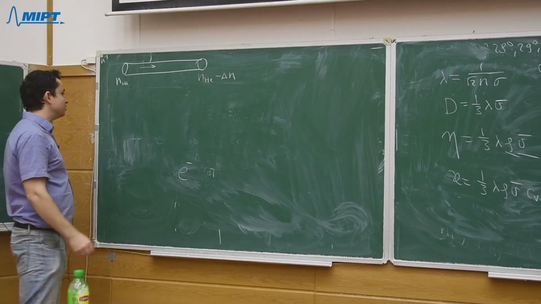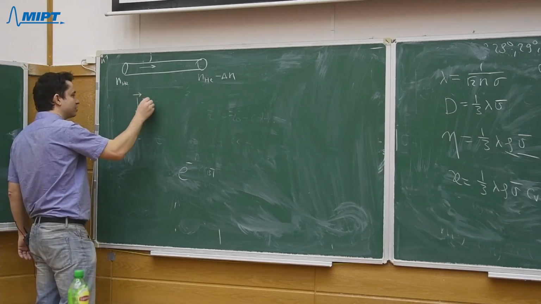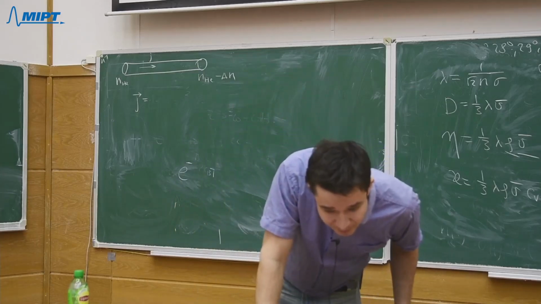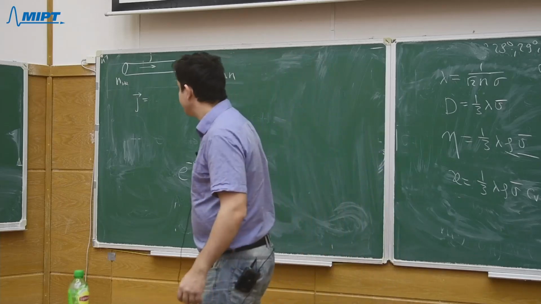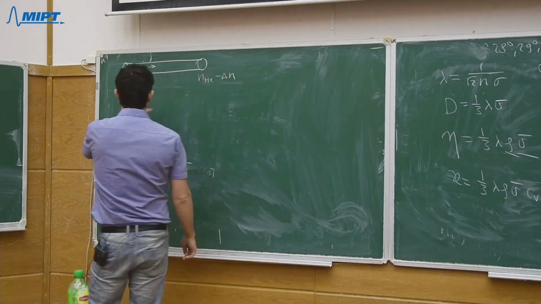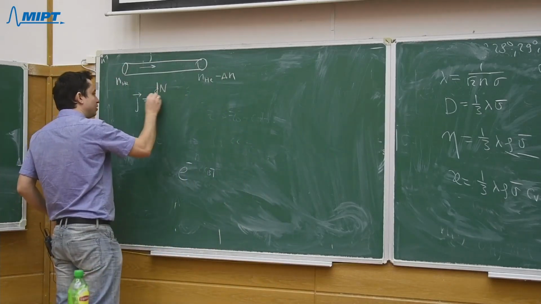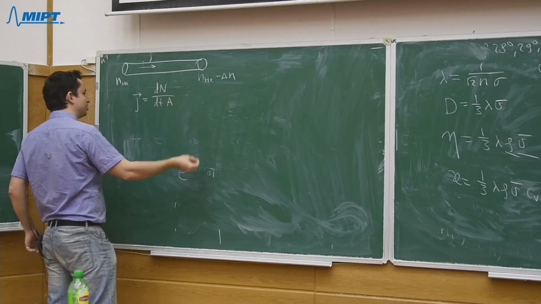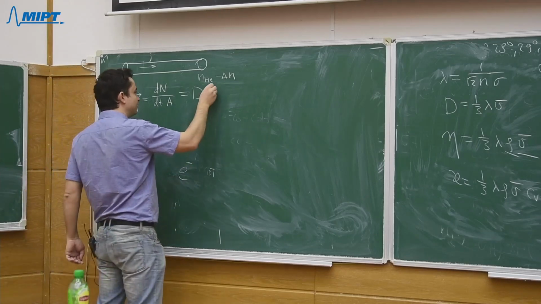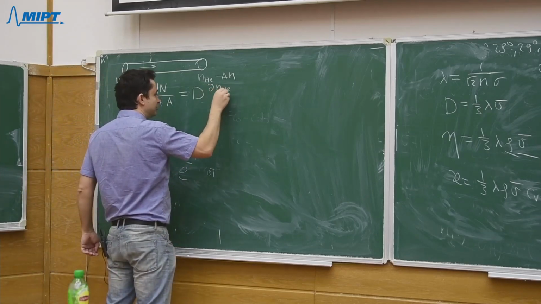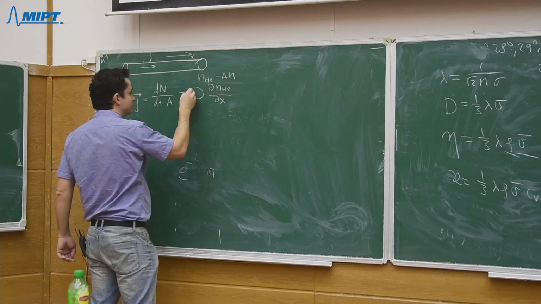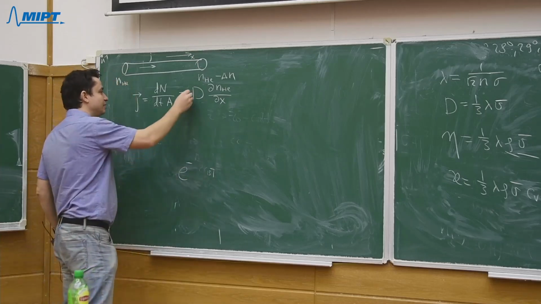And according to Fick's law of diffusion, this current is actually the number of molecules per unit of time per unit of cross-sectional area. It is the diffusion coefficient D multiplied by the derivative of the concentration of helium over x, where x goes this side, and I also need to have a minus sign here.